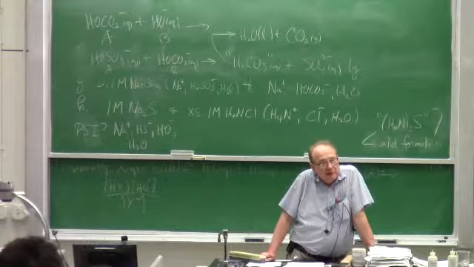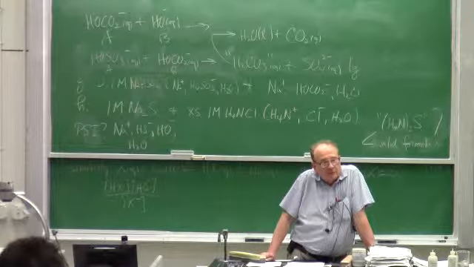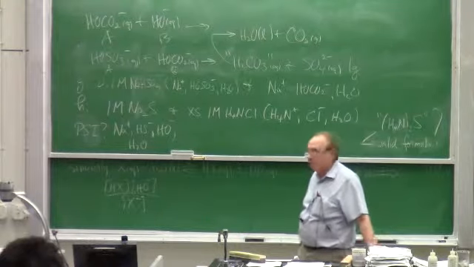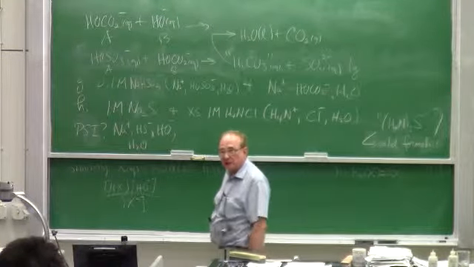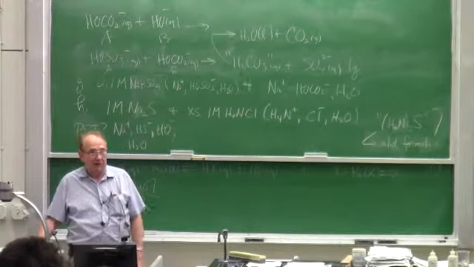Because in order to make H2S, you're going to have to protonate HS minus. Will HS minus react with water to a large extent? No. Will there be some H2S in this solution? You betcha. But its amount relative to the other things is negligible.